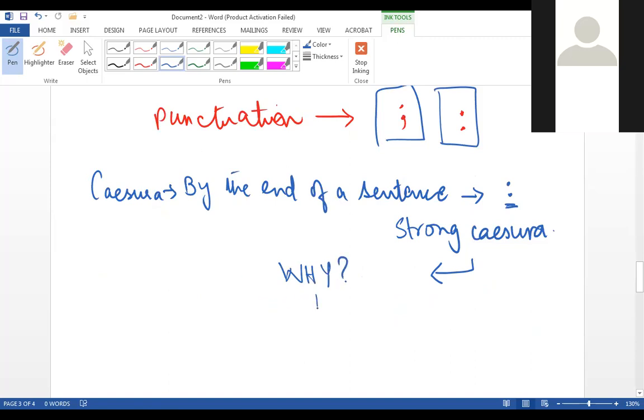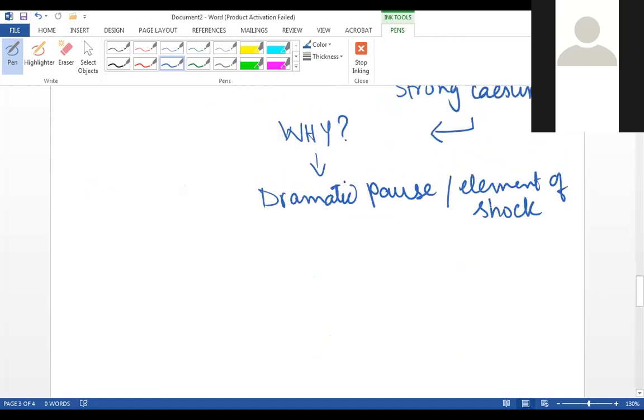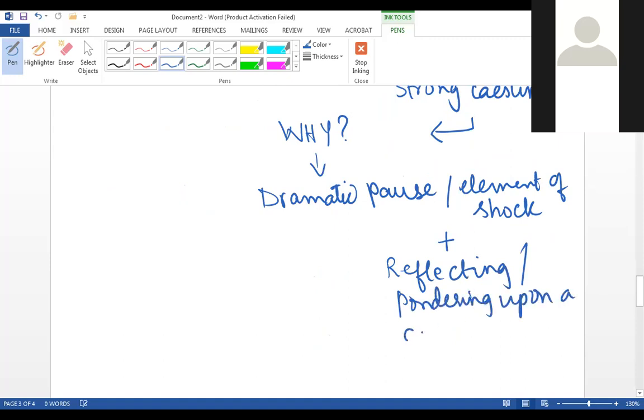Because it serves the purpose of a dramatic pause. All right, or it creates an element of shock, or you have to connect this idea with the overall text. Element of shock, or it could be that perhaps the poet is reflecting or pondering upon a certain issue.